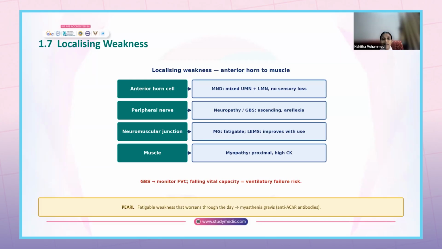Myasthenia gravis is fatigable, but LEMS is improving. LEMS is usually seen as part of a paraneoplastic syndrome, usually small cell carcinoma of lung. So in whatever situation, if they ask about GBS and all, the important thing is that there is a chance of respiratory failure. So forced vital capacity monitoring is very important.